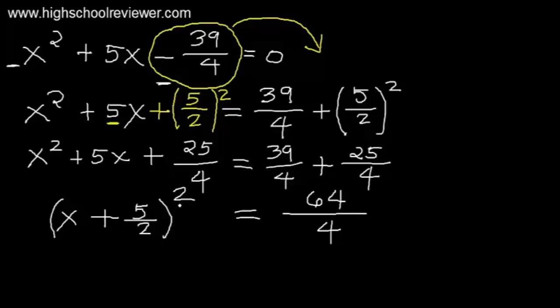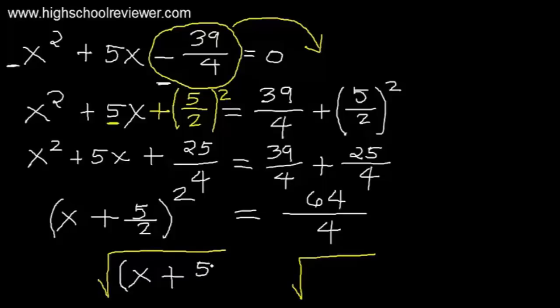So to remove the square sign here, we are going to get the square root of both sides. So this will be the square root, and this will be also the square root on the right. So on the left will be the square root of the quantity of x plus 5 over 2 raised to the power of 2 equals to the square root of 64 all over 4.